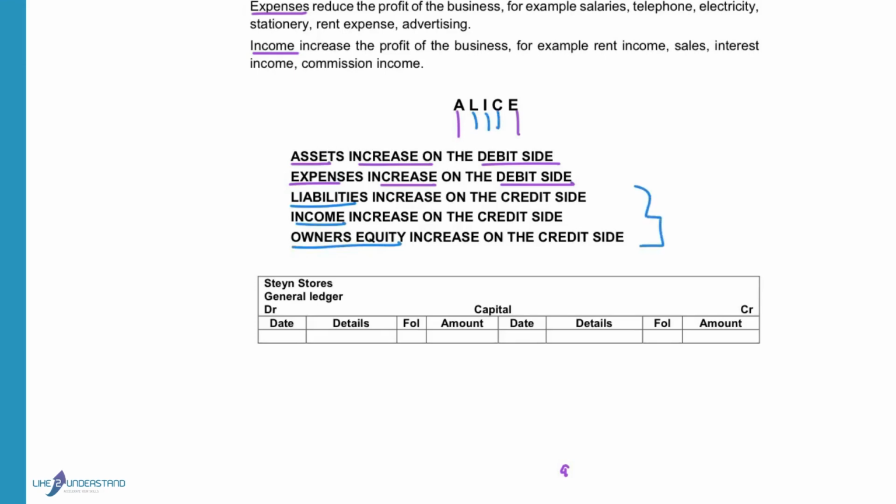So it's important to have a word or a memory aid that you can use to remember exactly which accounts increase on the debit side and which ones increase on the credit side. If we look at the ledger account, the debit side is on the left-hand side of the T account, and the credit is on the right-hand side of the T account.